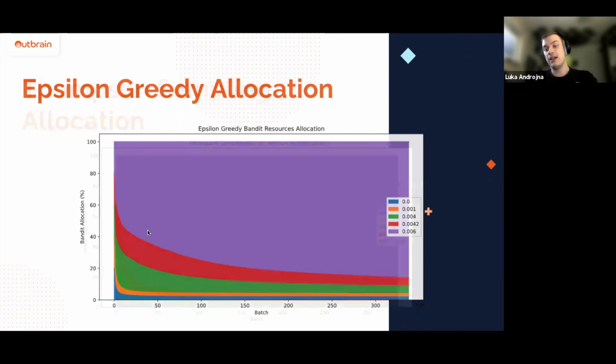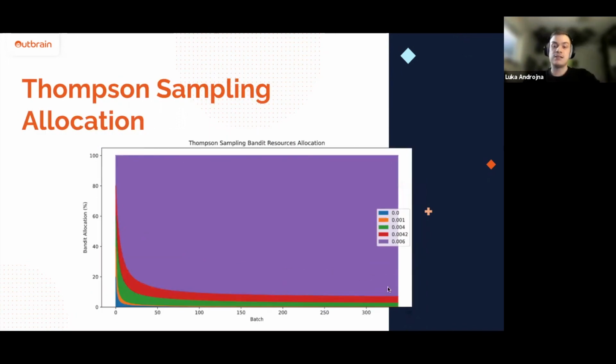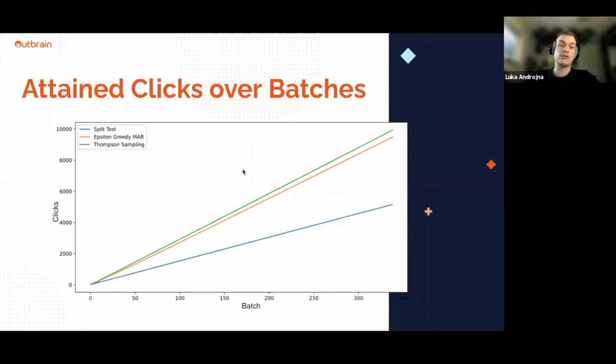At the end of the test, about as much was allocated to the best bandit as in the Epsilon Greedy case, which is also reflected in this chart where we compare the clicks received from the optimization to the actual clicks that we got at the end. You can see that the A/B tests get a lot fewer clicks, but the two multi-armed bandit approaches get about the same number.